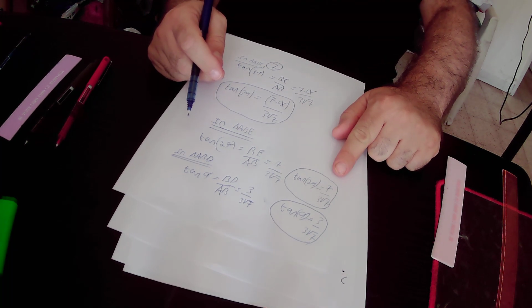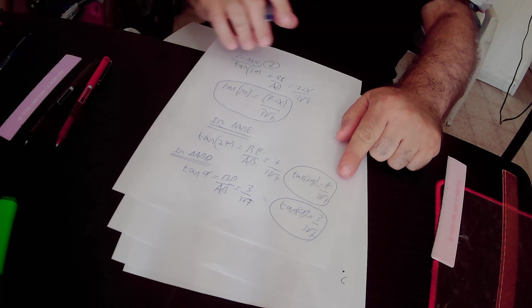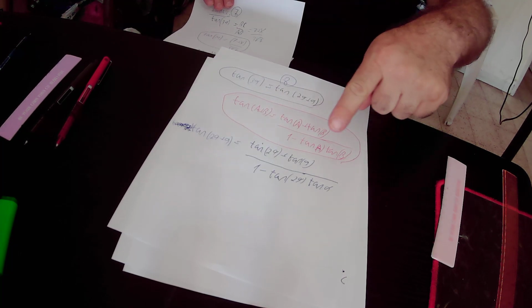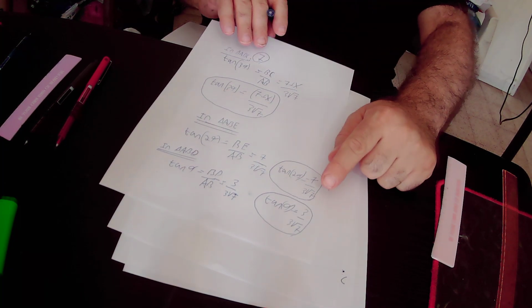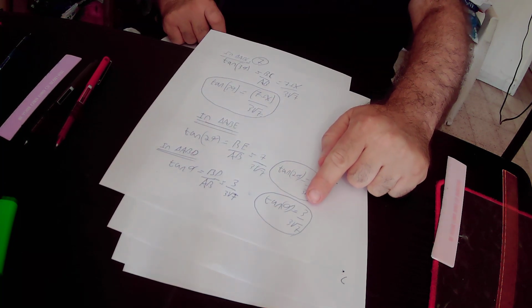It equals 7 over 3 times root 7, and we will substitute the value of tangent alpha by the value that we have already found out for tangent alpha.